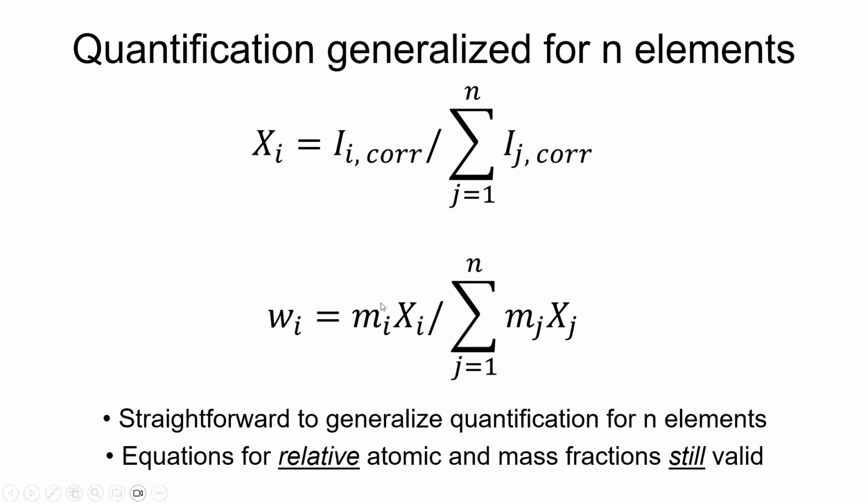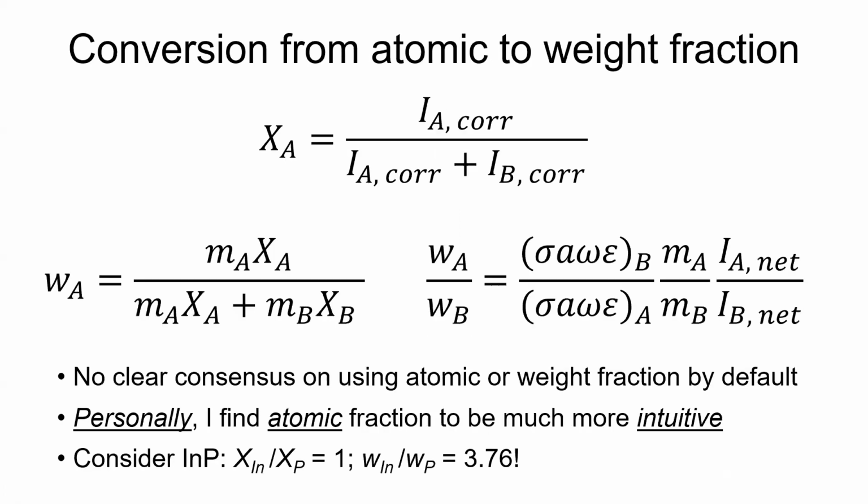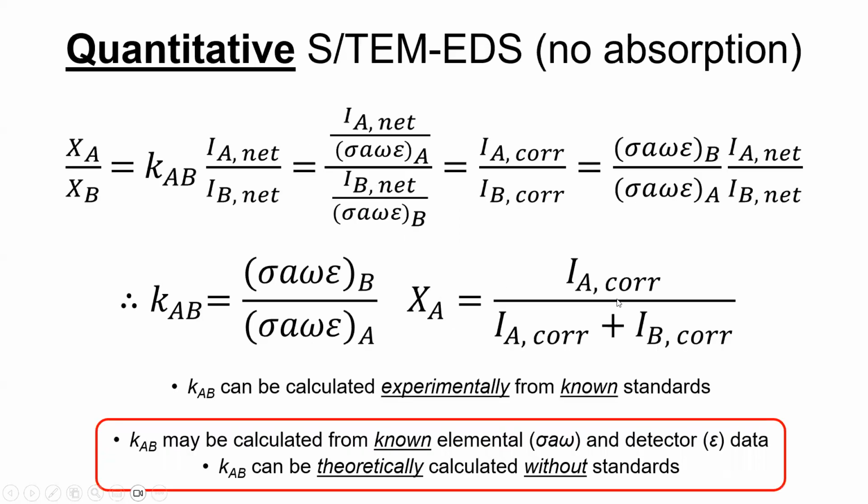That being said, the relative equations for atomic fraction and mass fractions are still valid. So this equation would still be valid right here for the weight fraction, as would this equation for the atomic fraction, okay? Those are the same regardless of how many elements you have present.